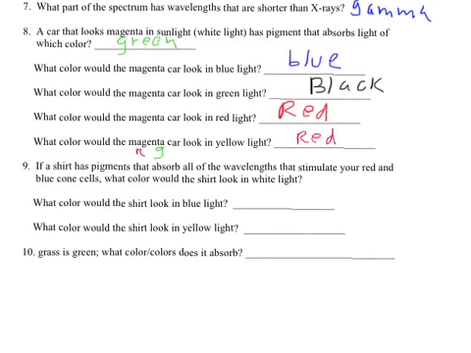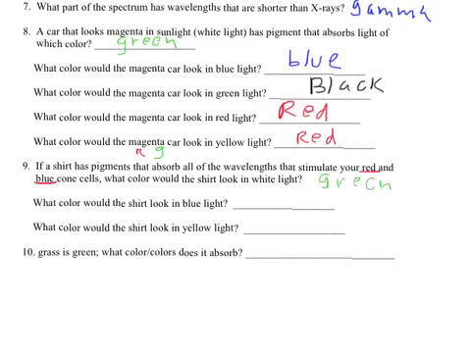Now a shirt has pigments that absorb all the wavelengths that stimulate your red and blue cone cells. What color would the shirt look in white light? If it absorbs the red and the blue, all that's left is green. The shirt will look green. What color would it look in blue light?